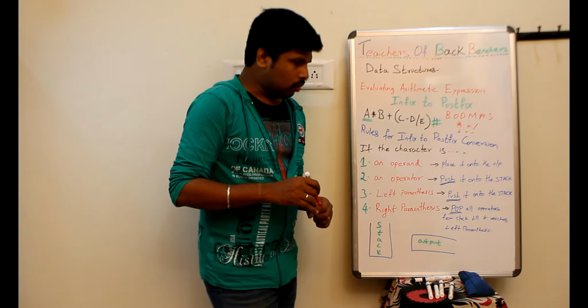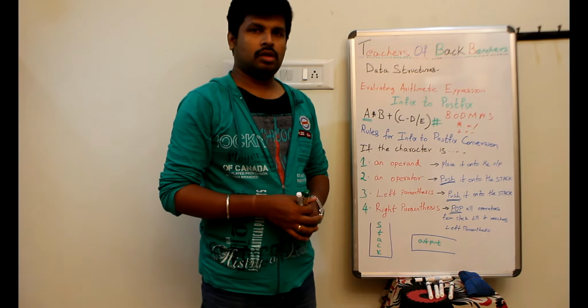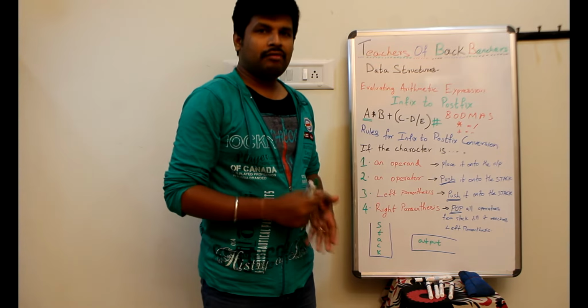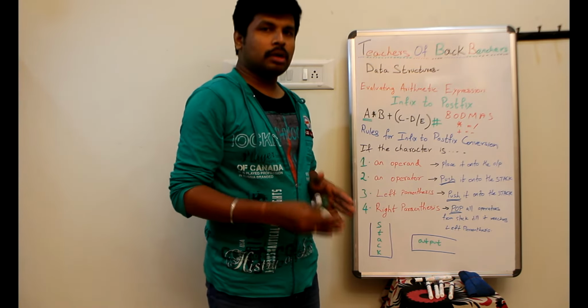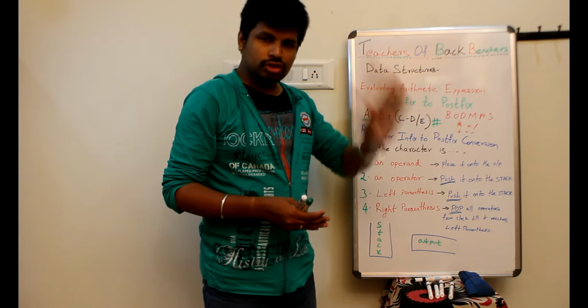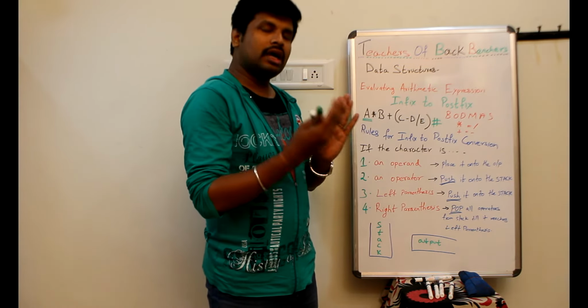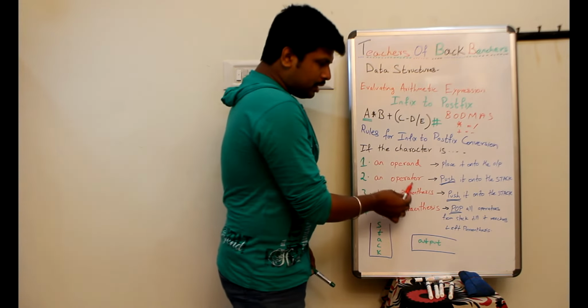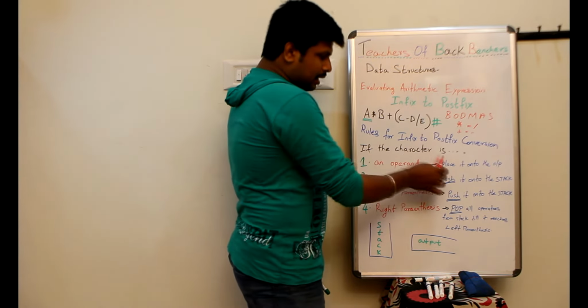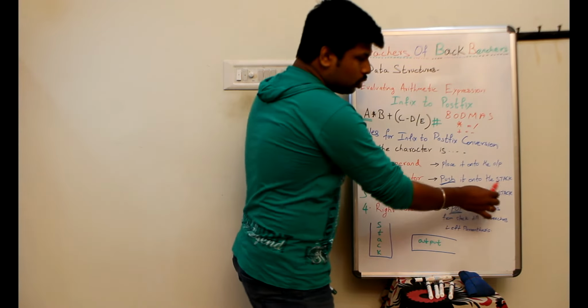Now the condition is, if there is an operator already existing in the stack, then we have to compare the operator we are going to push into the stack with the operator already available in the stack. The rule is, if the character is an operator, push it onto the stack.